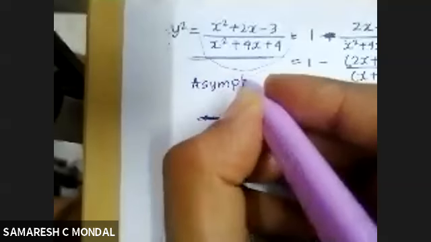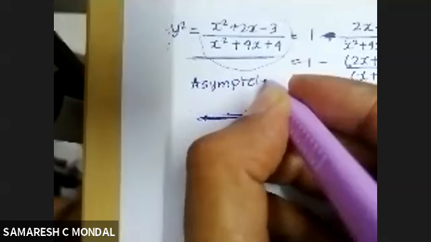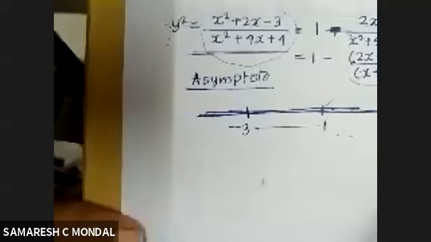So here, if you see the right hand side, the horizontal asymptote of this graph, if you remember, I'm talking about a word called asymptote. The horizontal asymptote of this graph is 1.